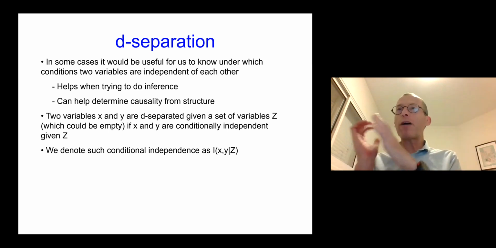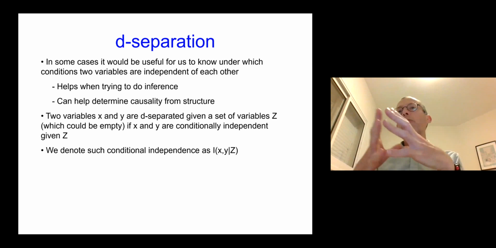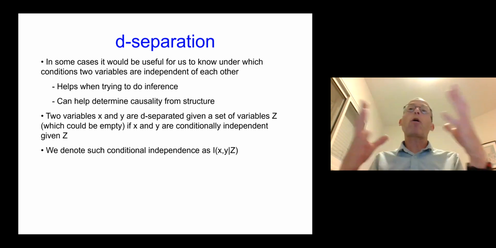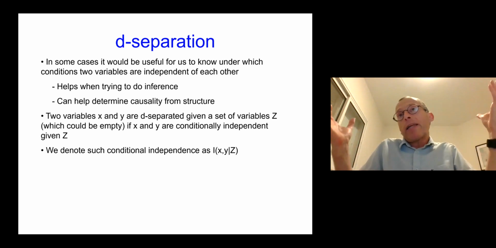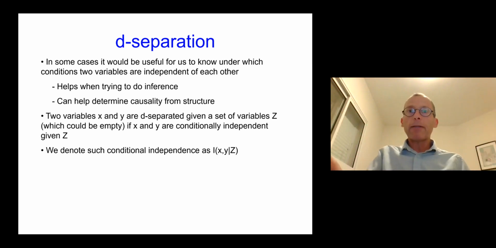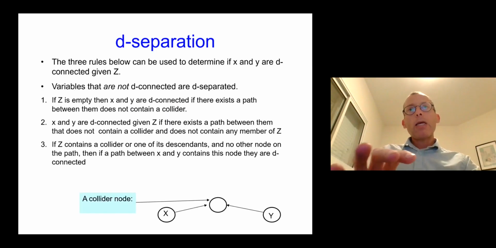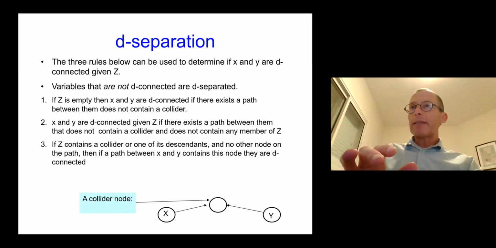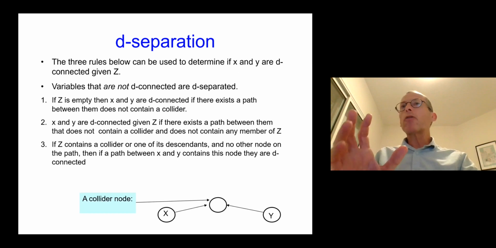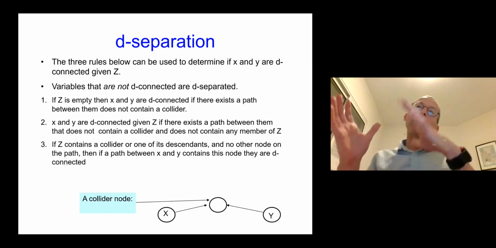I didn't tell you how to find it, but this is the definition. This is what we want to find. We want to know whether, if I know a subset of variables, or if I don't know anything, these two are independent. So there are three rules in order to determine if two things are d-separated. In fact, the rules are not talking about d-separation. They are going the other direction.